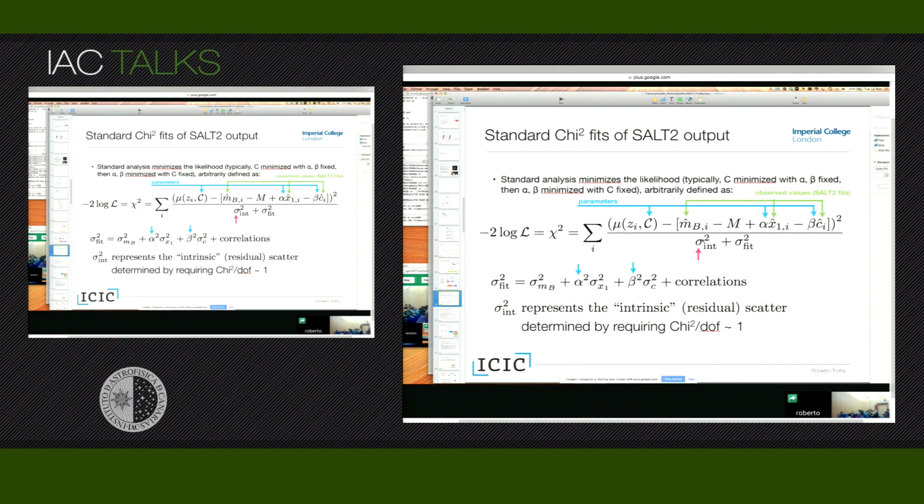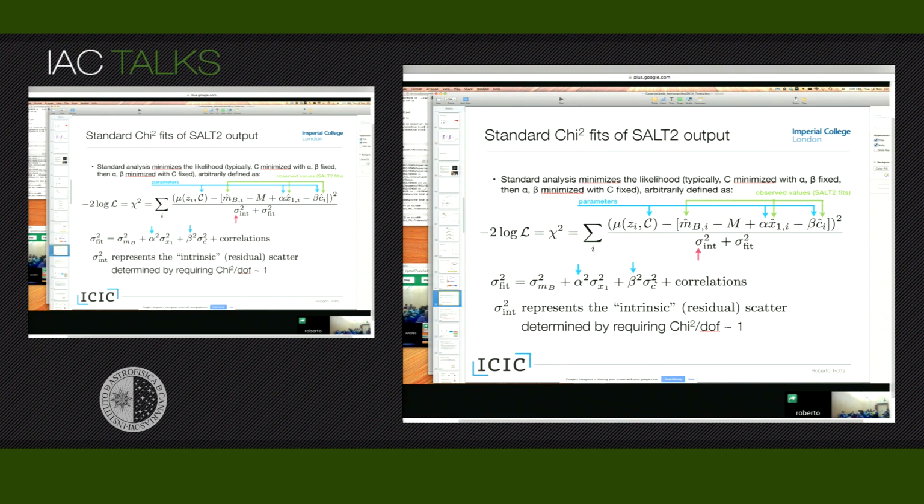And then in quadrature, we add in the sigma squared from the fit, which is just the error terms associated with the observed values coming out of the SALT2 fits with standard error propagation. So that's the error in the magnitude, the error in the stretch parameter, and the error in the color correction.